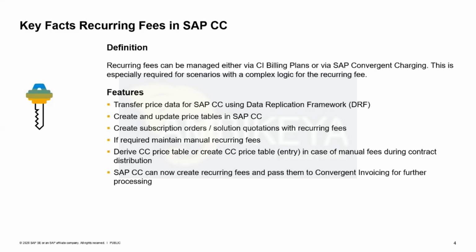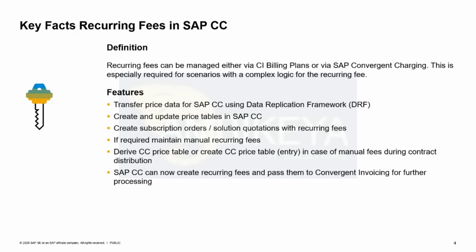Recurring fees in CC and in S/4HANA: when we initially started in 1809 FPS 01, recurring fees were handled with CI bill plans. Simple recurring fee scenarios can be handled very well with CI bill plans. But for scenarios where a complex recurring fee calculation is required, for example, a customer is charged a flat recurring fee of $299 per month, but if the number of users using the service crosses 100, then the customer need not be charged a recurring fee.